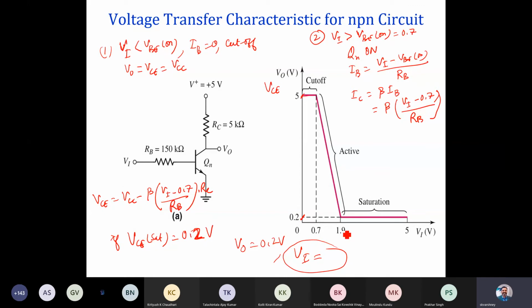For these numbers, if Vi is greater than 1.9 volt, the transistor would go into saturation mode.